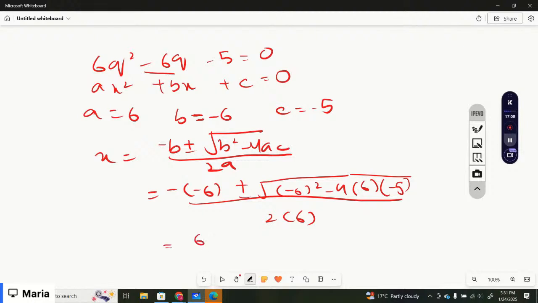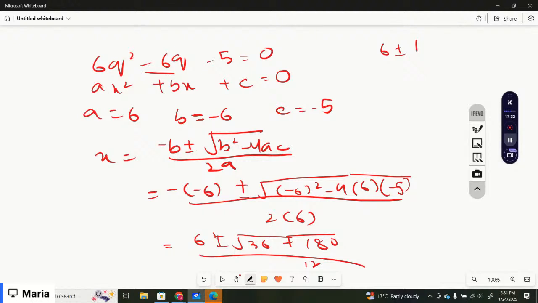Now just evaluate. 6 plus minus square root of 36 plus 5 times 4 is 20, and 20 times 6 is 120, divided by 12.